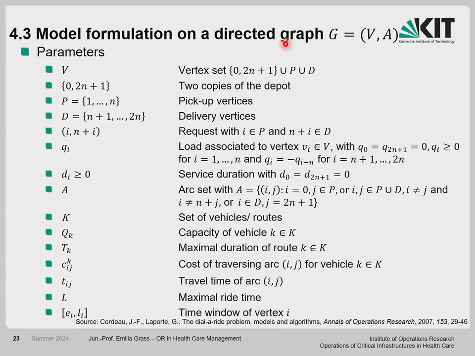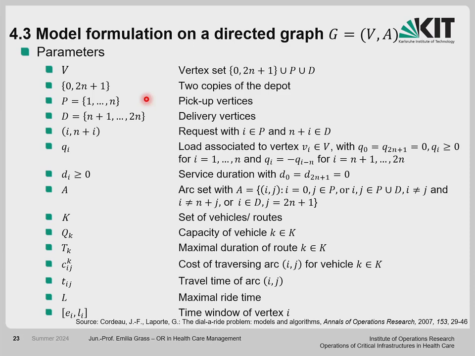This is what is shown here, that you have two copies of the depot, 0 and 2 times n plus 1. P is the set of pickup nodes, and these are the delivery nodes. Can you read it?